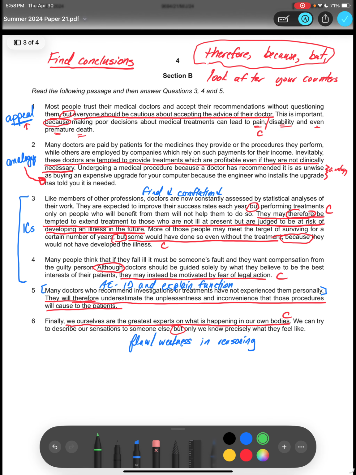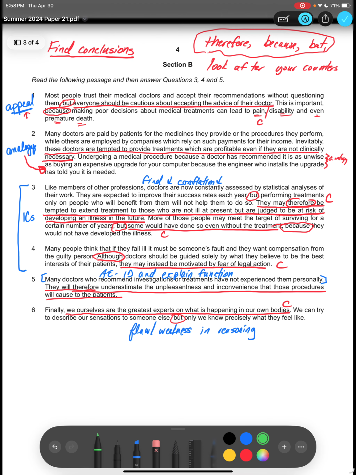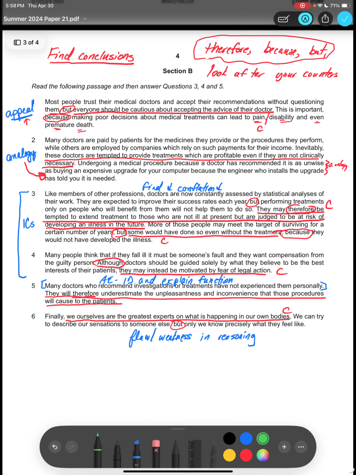Doctors are tempted to provide treatments that aren't necessary. They extend treatment to those who are not ill. They are motivated by fear of legal action. They will underestimate unpleasantness. We are the greatest experts on what is happening in our bodies. Okay, well, these are all about specifics. They kind of dial in and drill down on things.